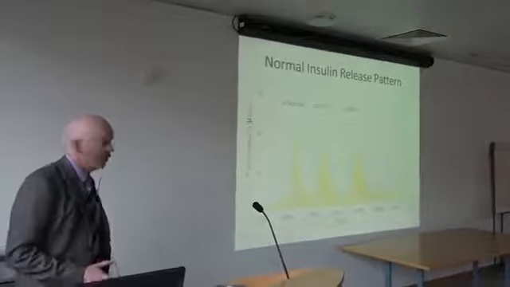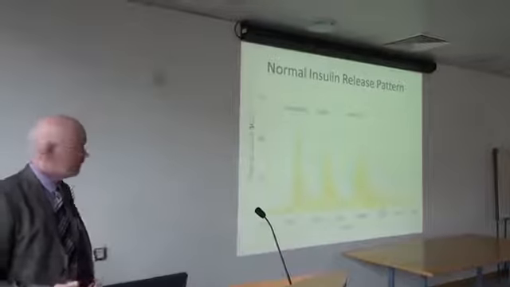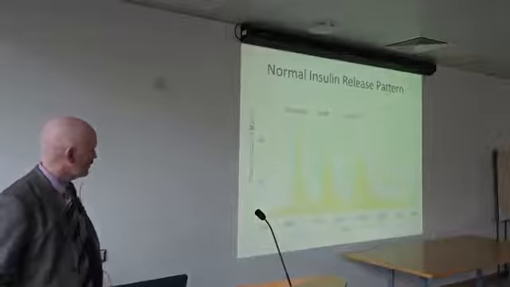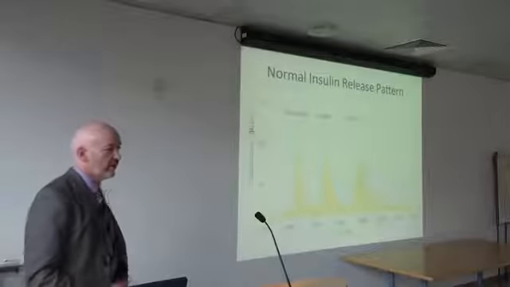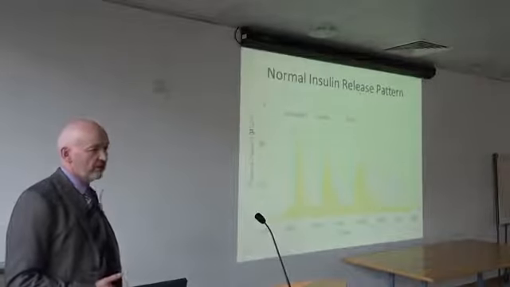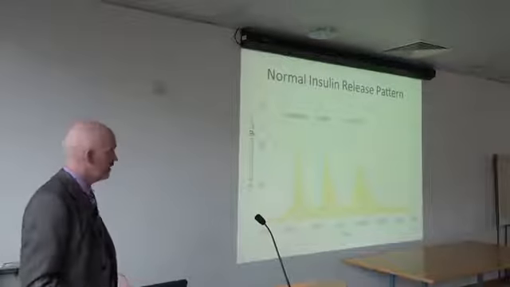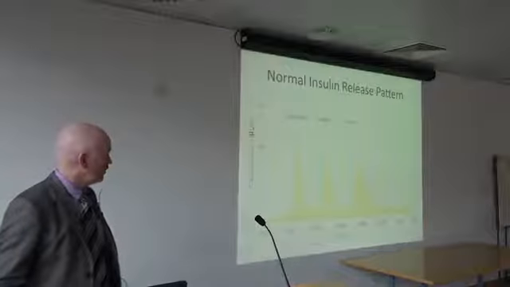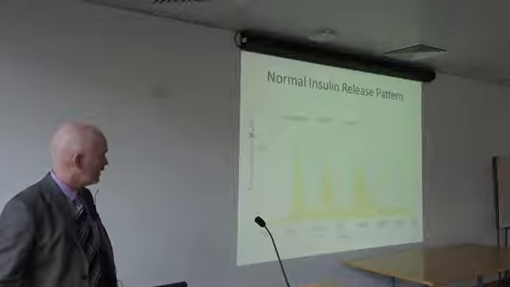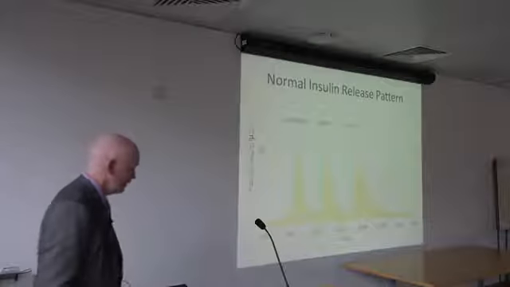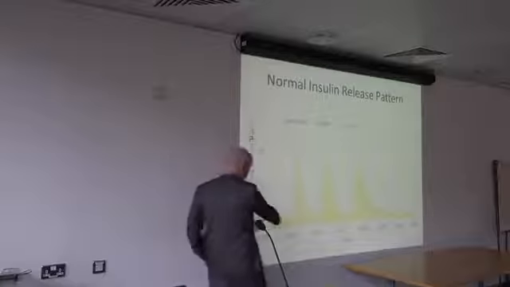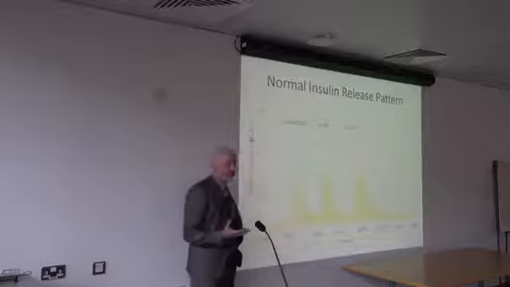I'm not sure how well this slide actually projects because the colors are a little bit weak perhaps. But basically what you're looking at on this slide is what happens in terms of insulin production over the course of a day in a normal, non-diabetic person. You can see at the bottom of the slide that there's no point throughout the day where there's no insulin being made. So you can see that down here there's a continuous slow trickle of insulin coming from the pancreas.